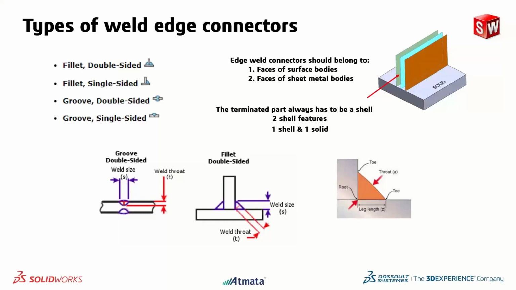So you can have two shell features, or one shell feature and one solid feature. Most of you are beginners and might have a question: what is a shell feature and what is a solid feature? I will explain this to you offline. This is a tip to keep in mind when you design your weld.